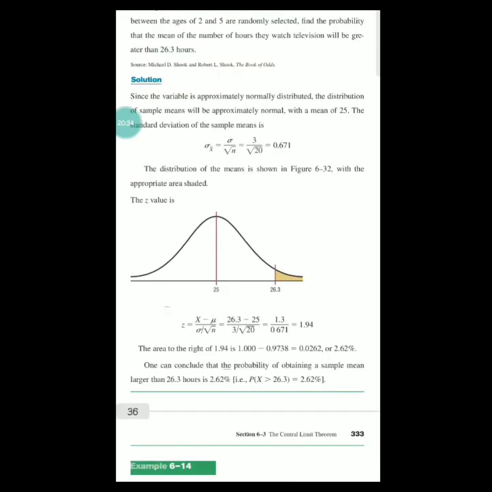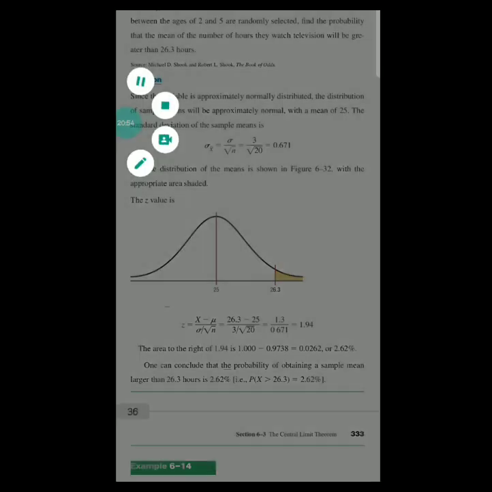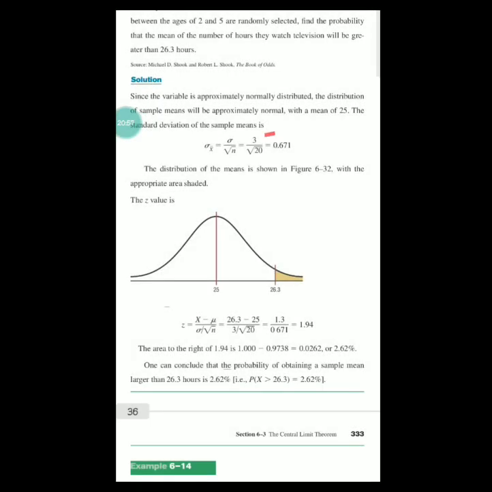So, let's have an example. The standard deviation is 3 hours divided by the square root of our sample size, which is 20 children. So, sigma x bar is equal to the population standard deviation, which is 3, divided by the square root of n, which is the sample size, 20 children.